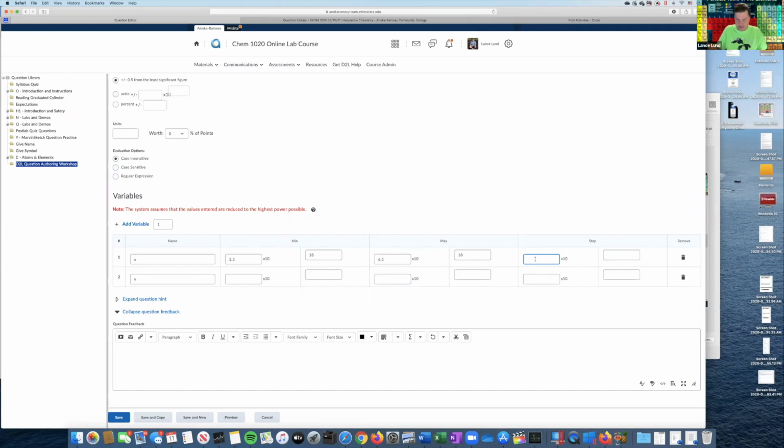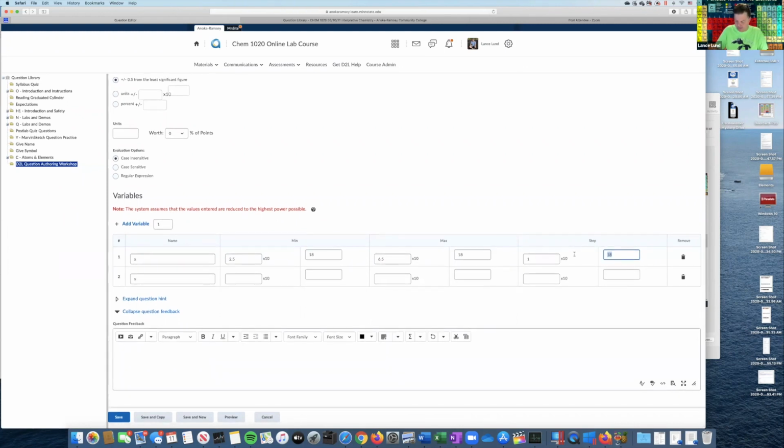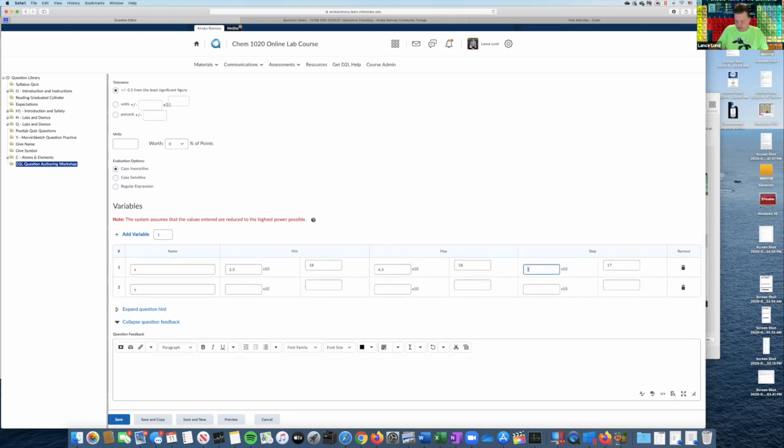If I wanted all of the possibilities between 2.5 and 6.5, then my steps would either be written as 0.1 times 10 to the 18th, or I would have to write it as 1 times 10 to the 17th as my steps. It will take it like this.